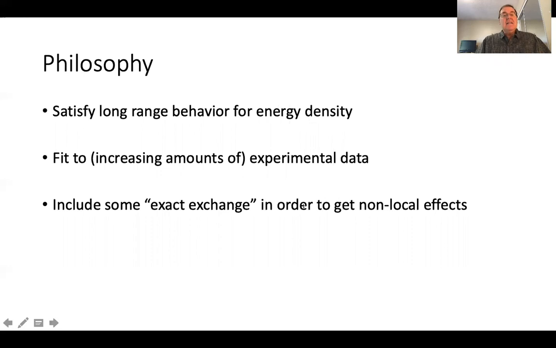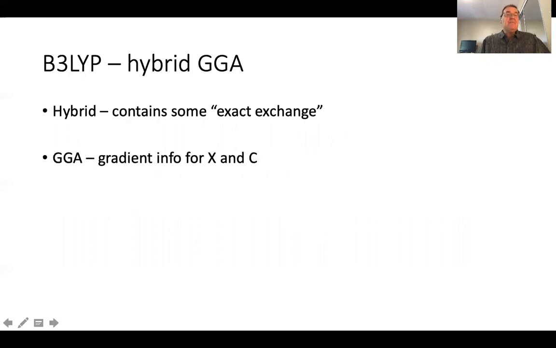But he decides that there's no way to get proper behavior for some of the properties he's interested in without exact exchange. So he's going to add that as well. So B3LYP is a hybrid generalized gradient approximation. So hybrid means that it contains some exact exchange. That is, you use the Kohn-Sham orbitals and you calculate the exchange integrals just as you would in Hartree-Fock.